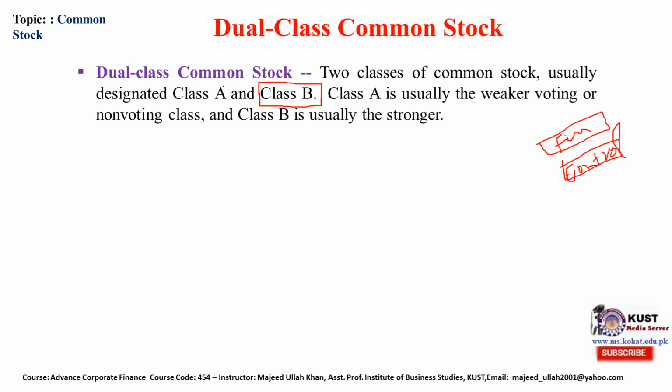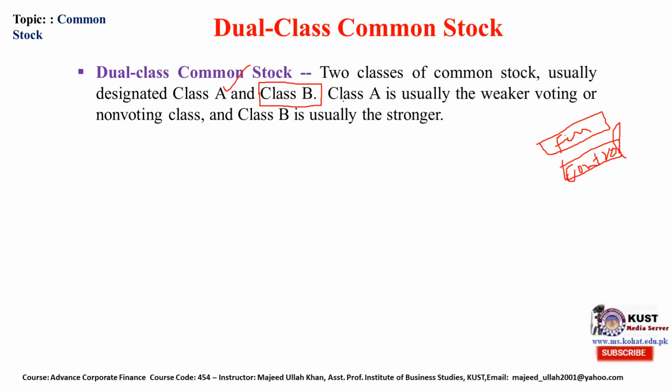Only Class A shares, ordinary shares, are available, where everybody has one vote, one share policy. So there are two classes of common stock usually designated as Class A and Class B. What are the attributes of Class A?